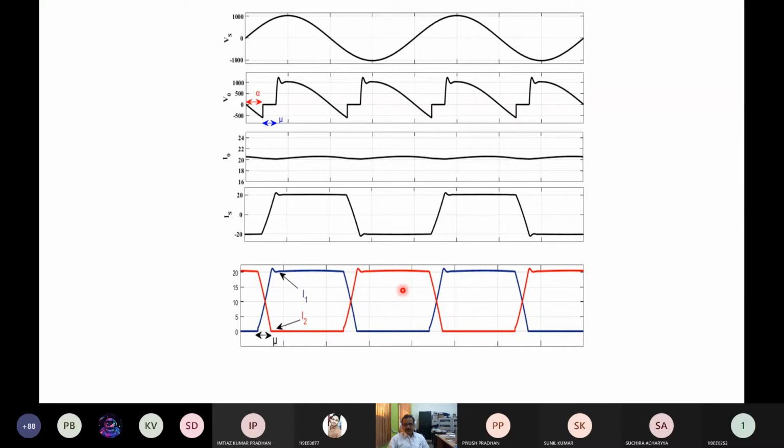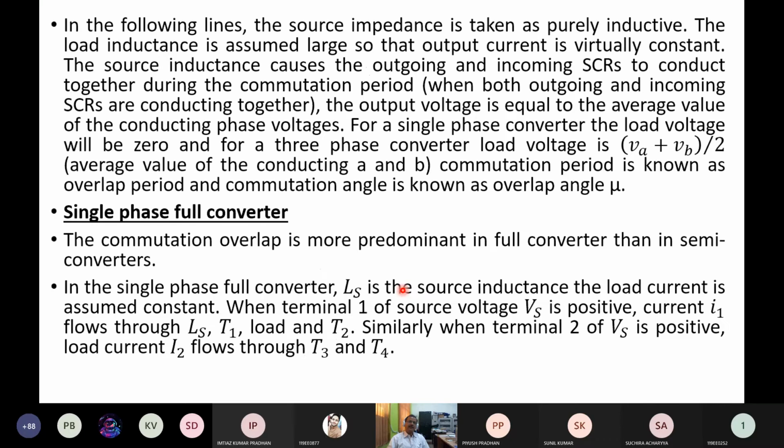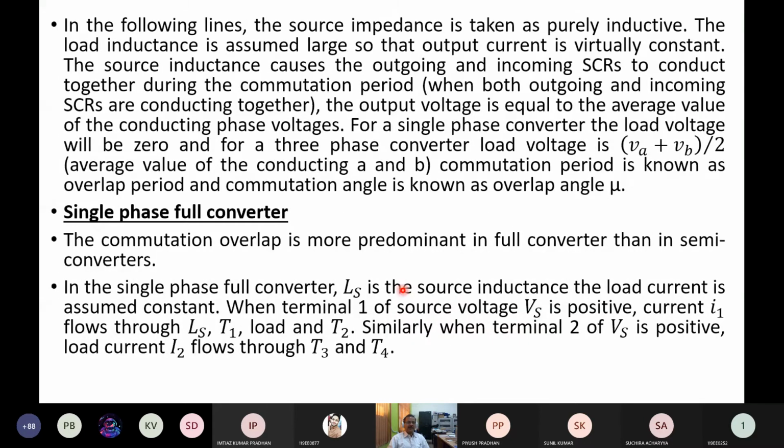Or you can say it is an RL impedance, because as I told you, if it is a resistive source, then there is a voltage drop and there is some reduction in the output voltage. But if it is an RL source, there will be a voltage drop as well as a delay in transfer of current from one pair to the other pair.